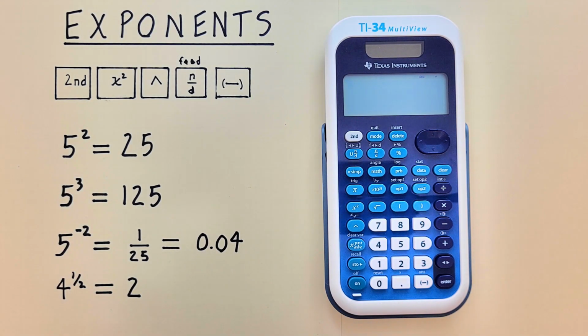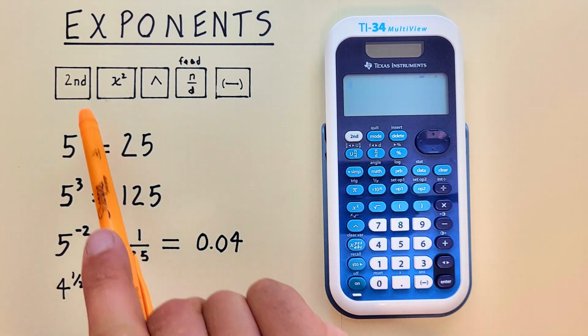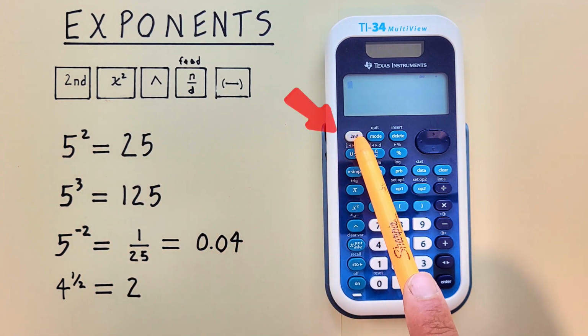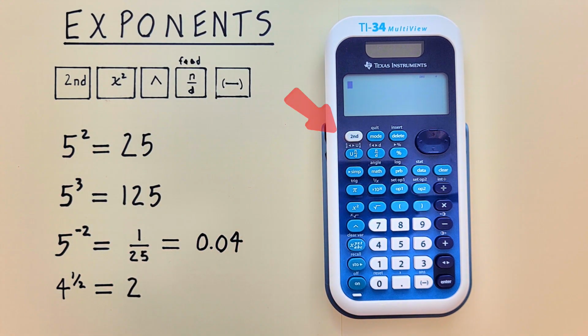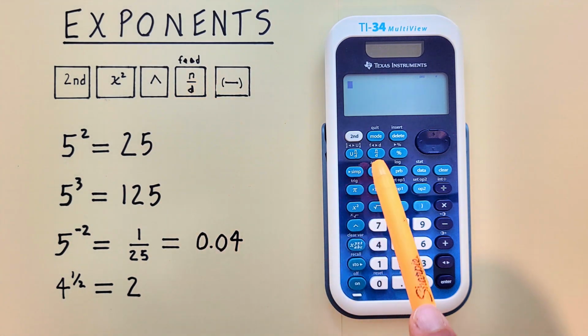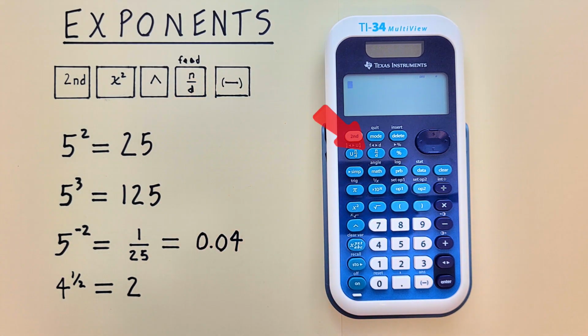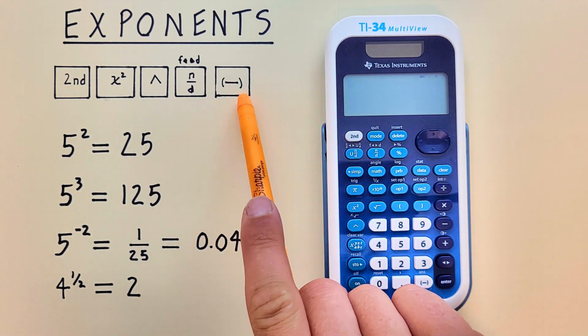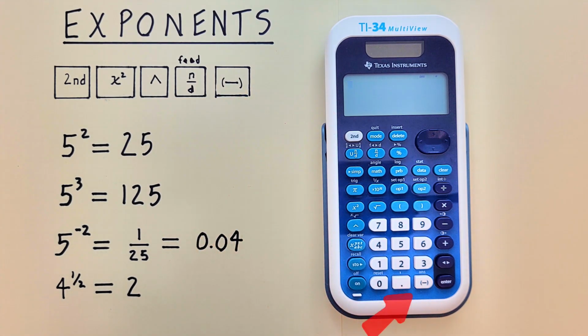To do this, we'll use the second function key, the x squared key, the up arrow or caret key, the fraction key with the second function of fraction to decimal, and the negative key, located down here.